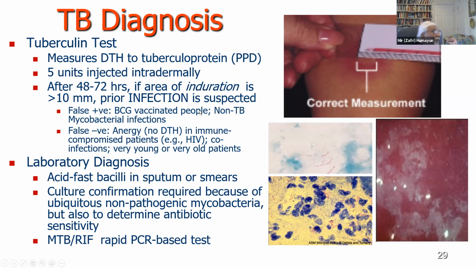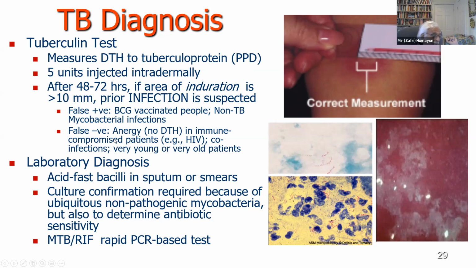That is pretty much everybody else who was not born in the United States is likely to be BCG vaccinated. Okay, so you have a large pool of false positives possible. Also, occasionally, rarely, you can be infected by non-TB mycobacteria, in which case you can also be a false positive.